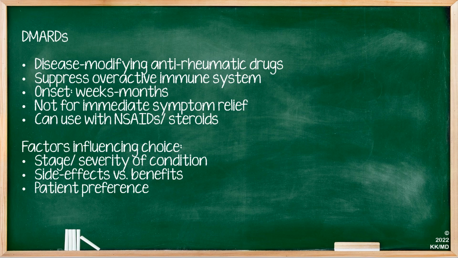For this, they can be used with non-steroidal anti-inflammatories or steroids, of course depending on the patient's other comorbidities and pharmacotherapy. The factors influencing choice are wide-ranging, but does depend on the stage and severity of their condition, as well as the side effects versus the benefits and patient preference. Comorbidity should also be taken into account here as well.